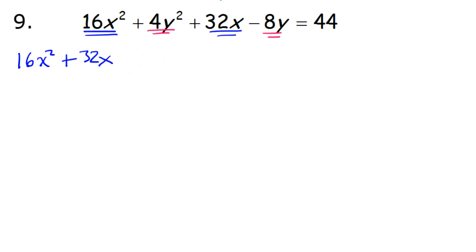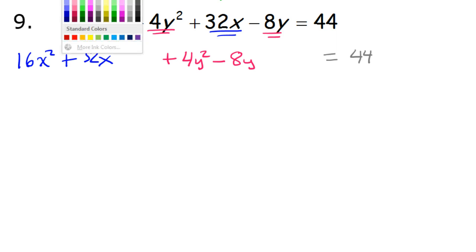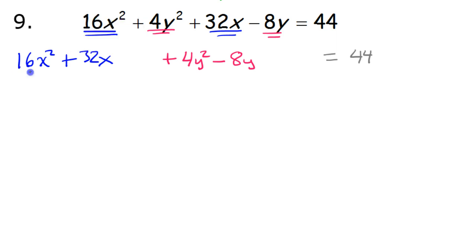I'm going to leave a little space here in order to complete the square. But then I will have 4y squared and minus 8y and leave a little space. Equals 44.